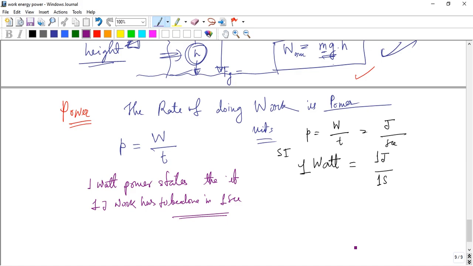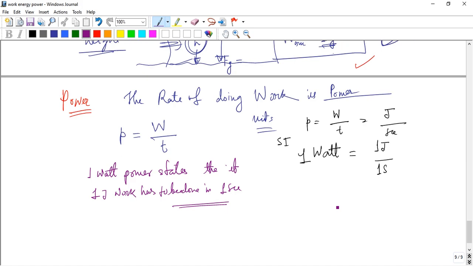Very easy concept. Now there is another relation, an algebraic relation, in terms of calculation in maths. We know that power equals W by T, and W equals force times displacement, so power is force times displacement by T. Now displacement by time is called velocity.